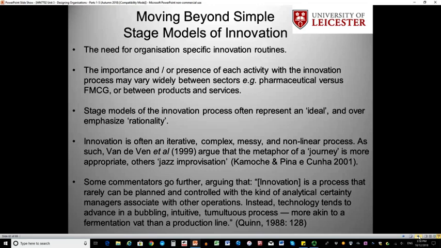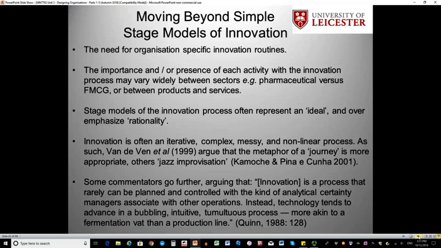However, what we need to remember is that the stage model of innovation, whilst it is a useful way of conceptualizing the innovation process and for identifying the different activities and making us think what the different activities might be, what the different stage gates might be, and what the criteria for passing through a stage gate might be, we have to remember the stage gate model, and any variation of it, is an ideal, and it overemphasizes rationality.